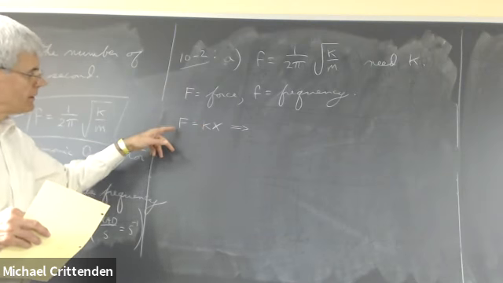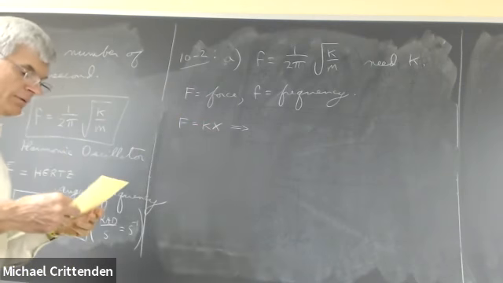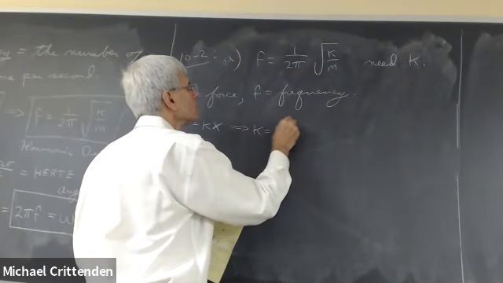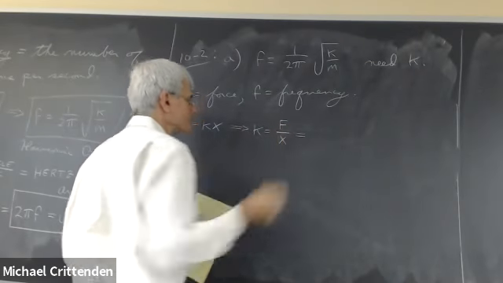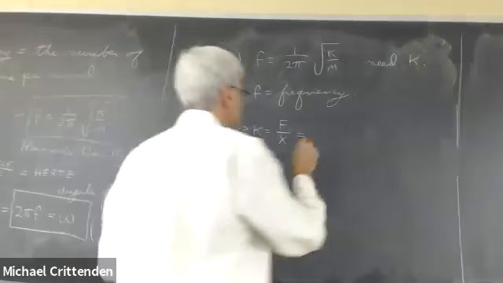So magnitude of the force equals the spring constant times the magnitude of the displacement. Rearranging, k equals F over x.